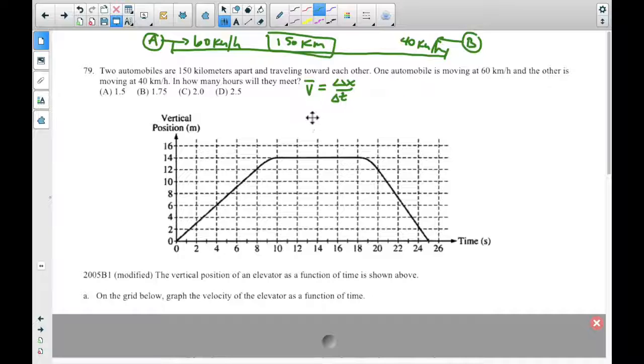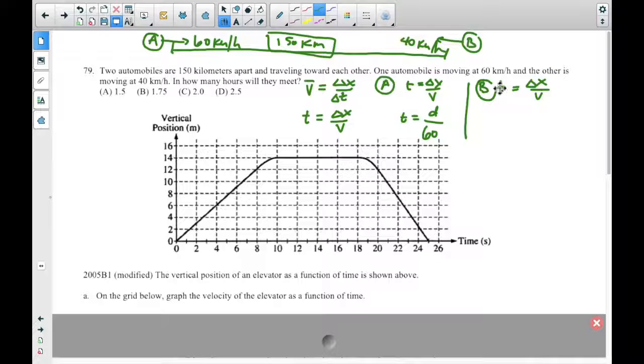So I'm going to rearrange this and say that time is distance over velocity. And so for car A, time is distance over velocity, and I'm going to call that distance d. Car A's velocity is 60 kilometers per hour.